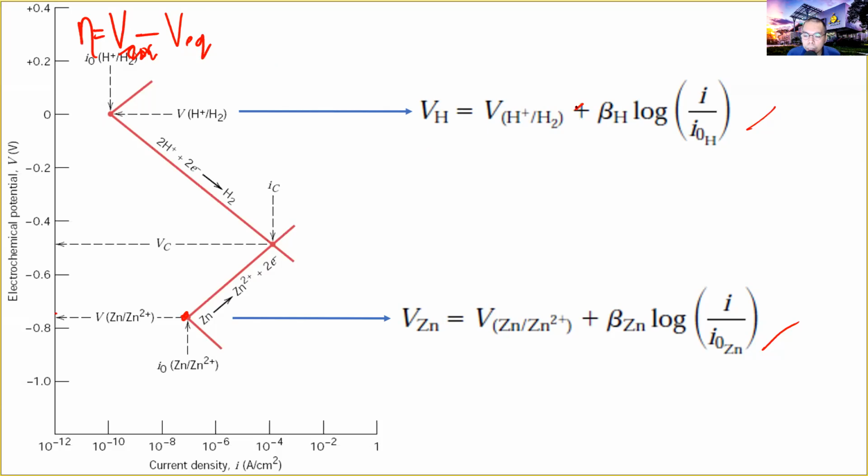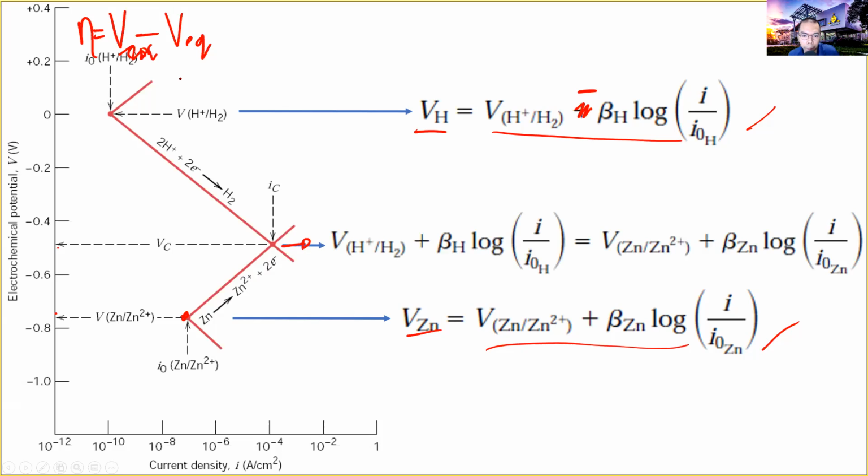So eto magiging negative siya. Then we equate both equations to get your corrosion potential, VC here and your IC here. So equating these two equations to get the intersection here, lines lang kasi siya, we get ito.